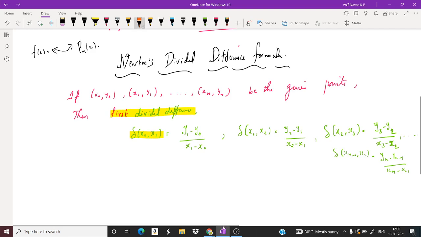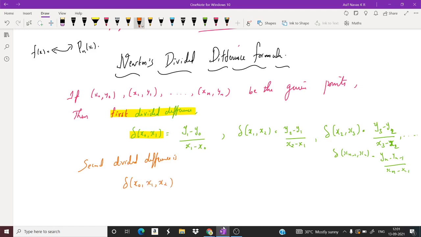Now the second divided difference is denoted by delta x naught x1 x2.